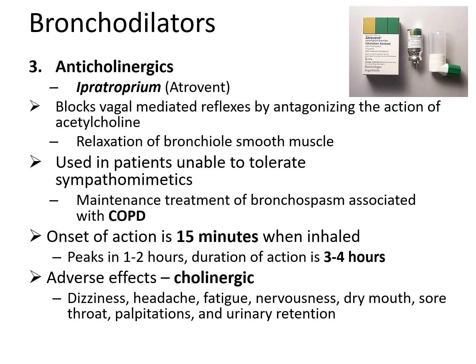We use anticholinergics either in addition to our sympathomimetics, albuterol, terbutaline, those kinds of things, or if patients can't tolerate those. And so we can switch you to an anti-muscarinic rather than a sympathomimetic. It's a little slower onset of action.